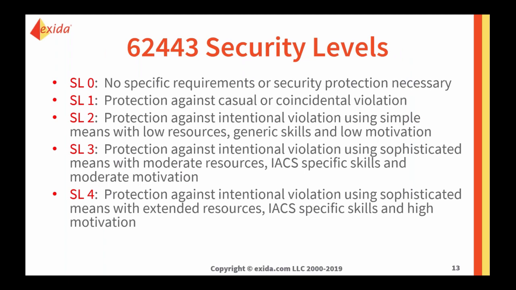So we'll talk briefly here about the security levels of IEC 62443. These security levels in the standard can be applied to components and to systems, and they're essentially written to describe the level of attack a system can or is designed to withstand. So security level 4 is the highest, where you have an attacker that has sophisticated means, extended resources, specific skills for industrial control systems, or maybe even your specific system, and they have high motivation.